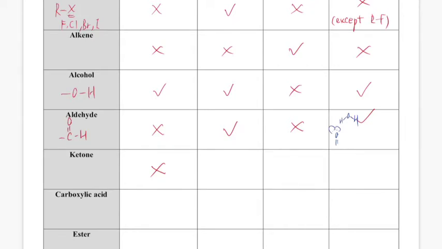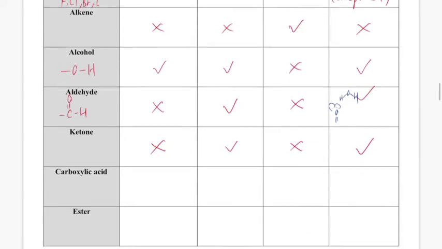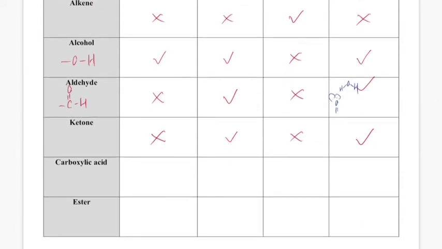And because it's not symmetrically arranged in its structure, it's a polar molecule. And similar to aldehyde, it can form hydrogen bond with water molecules because it has this oxygen that has a lone pair on it. The next example, we have carboxylic acid.